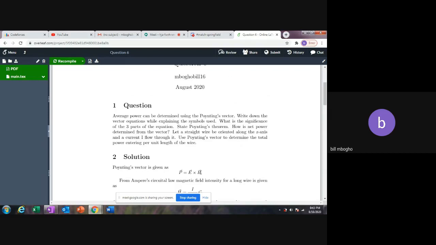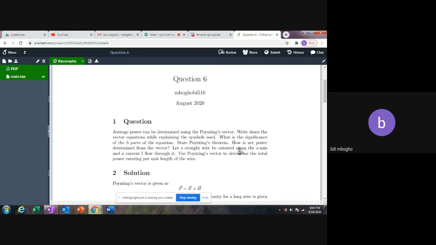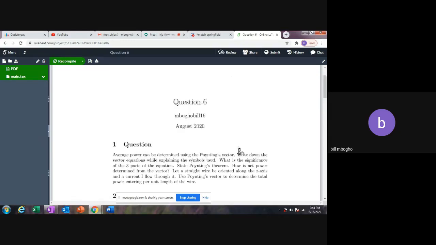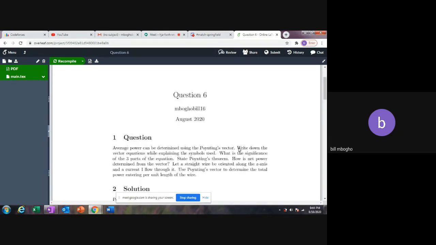And those are just the 3 parts. You just curl them: E curl H. That's it. That's Poynting's vector. Basically, Poynting's vector helps us when we're calculating energy in a nice, smooth, quick way.